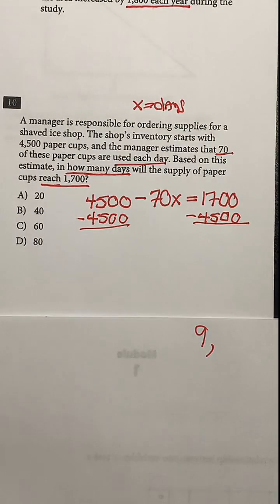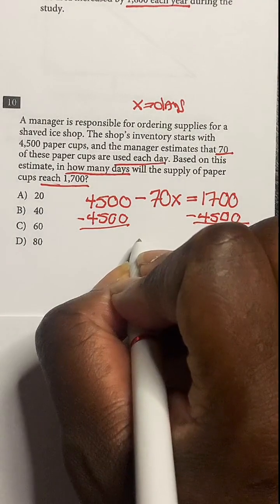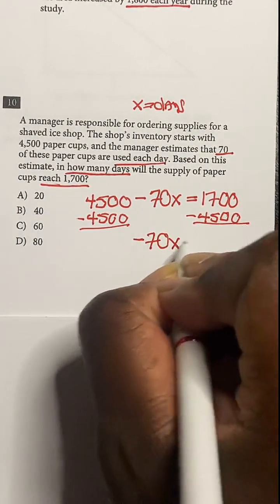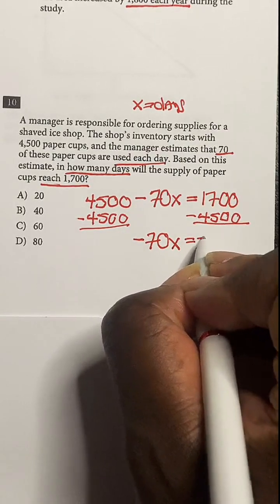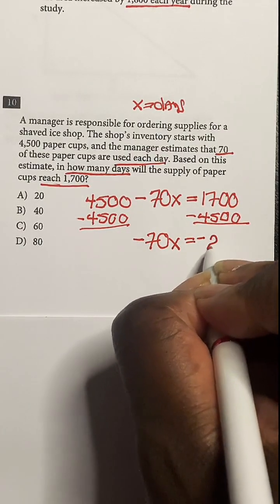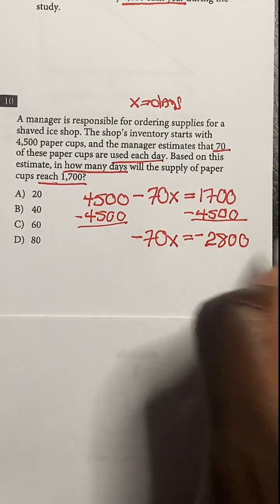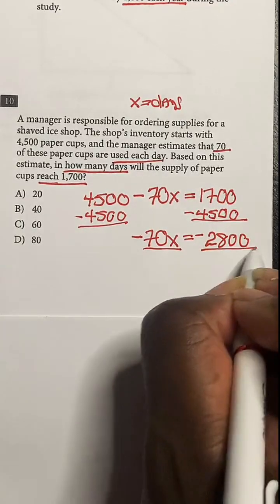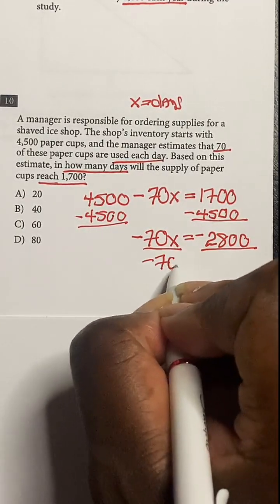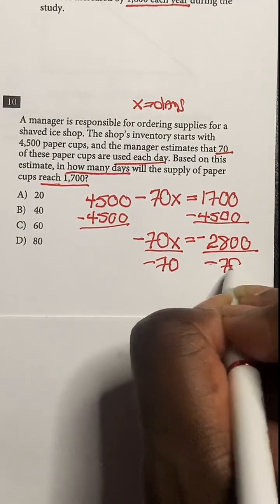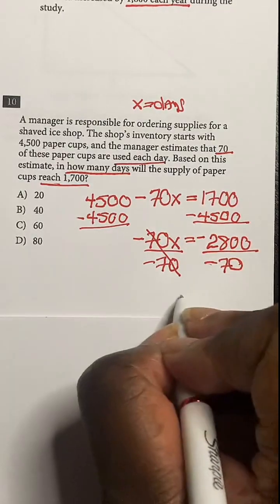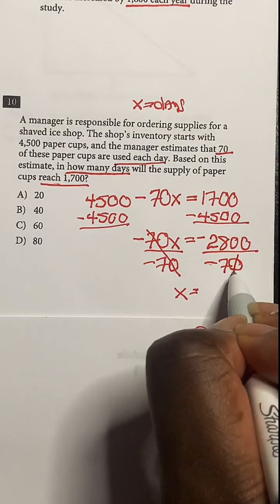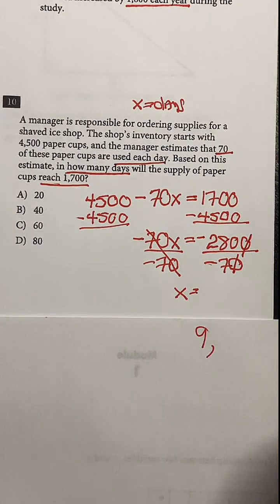All right, so now we have negative 70x equals negative 2,800. Then I'm going to divide both sides. Don't freak out about the negatives, because a negative divided by a negative will give me a positive answer. Now I have one set of zeros I can cancel out.